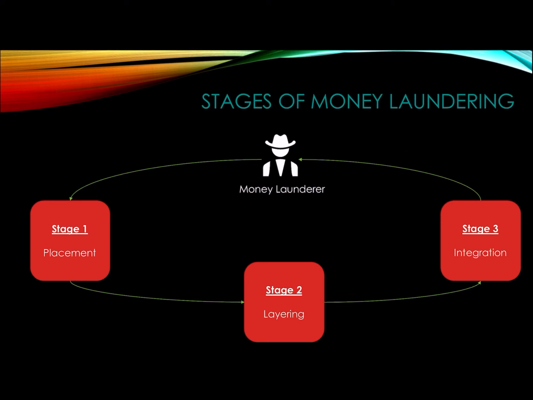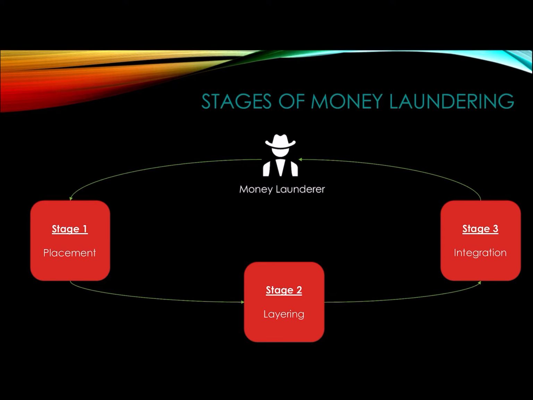So basically, to perform money laundering, the money launderer would follow these three stages, and there have been a lot of instances where we have seen money launderers following them. It depends on person to person whether he would follow all three stages, or only one or two.